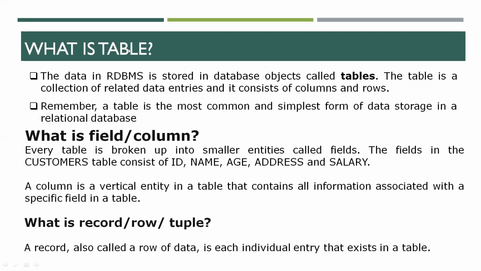So as it is written here, the data in RDBMS is stored in database objects called tables. मतलब जो हमारा data RDBMS में store हो रहा है वो टेबल्स में स्टोर होता है, ठीक है। And a table is a collection of related data entries and it consists of columns and rows.